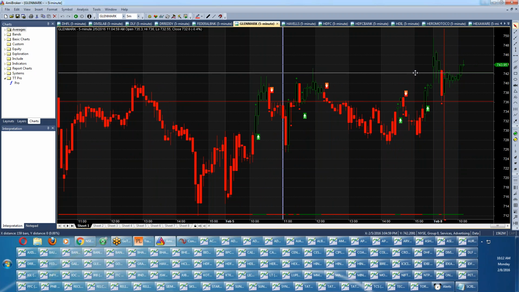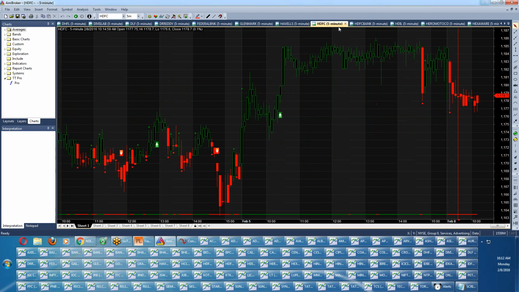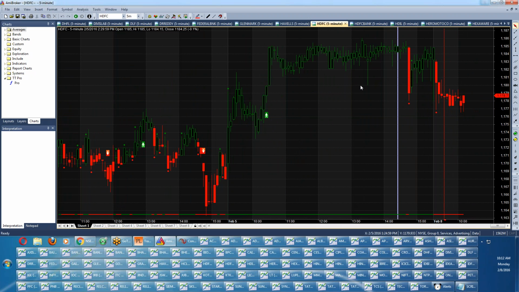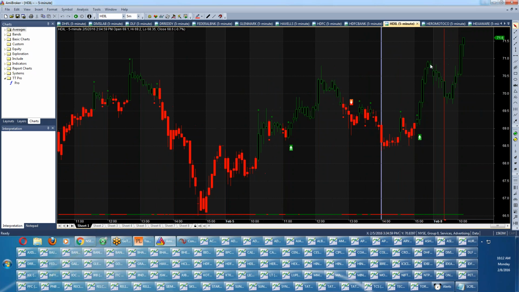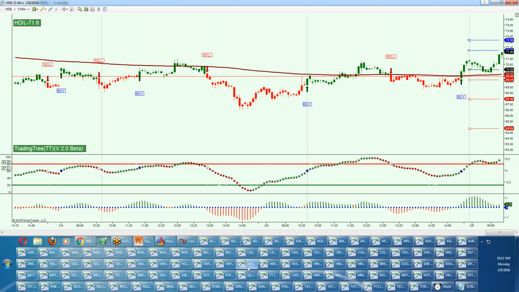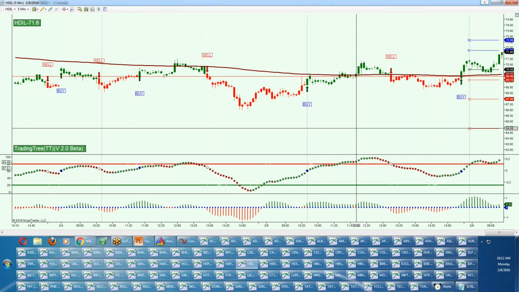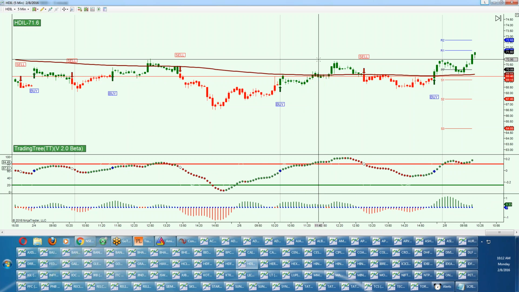We have the alert here for buy, that is Glenmark. So that's HDIL. We already saw that. We're talking about the buy here, 71.